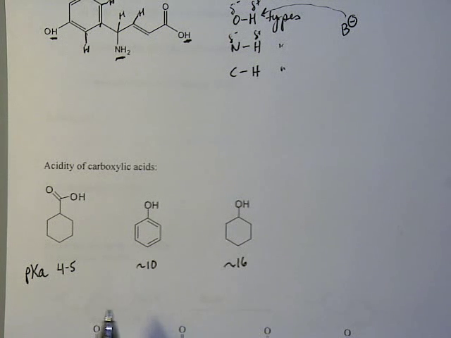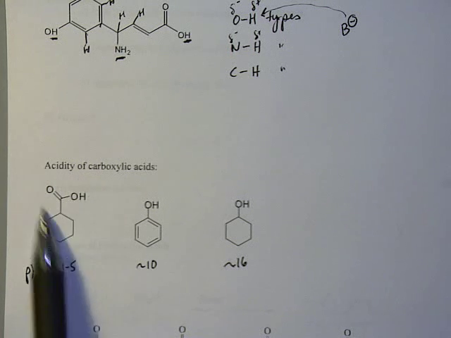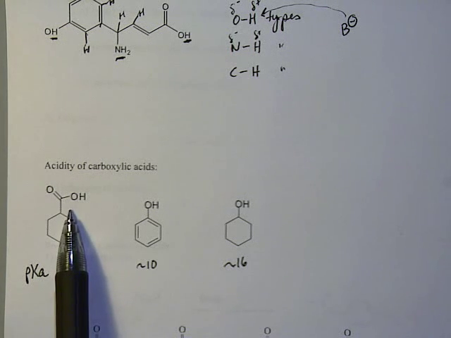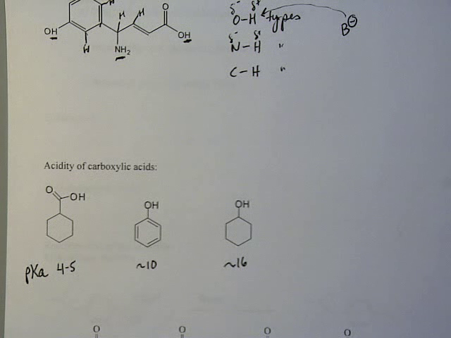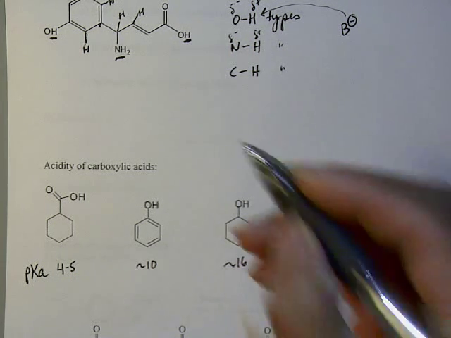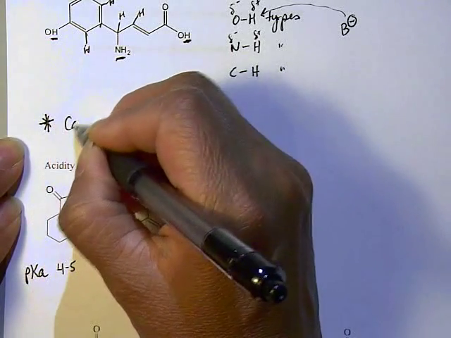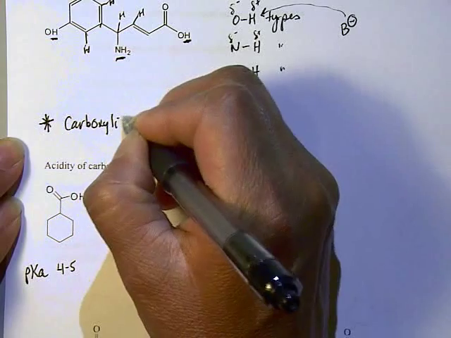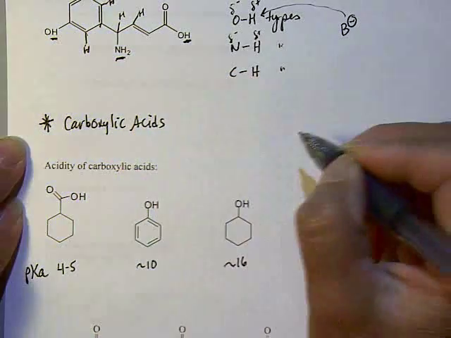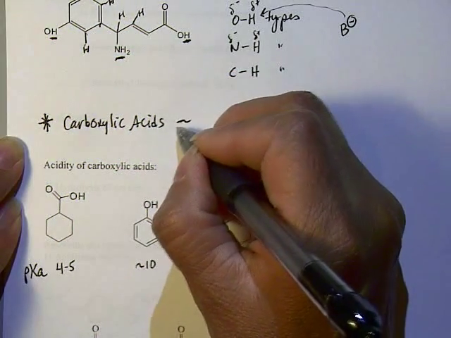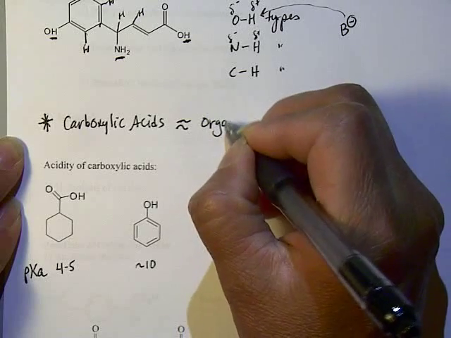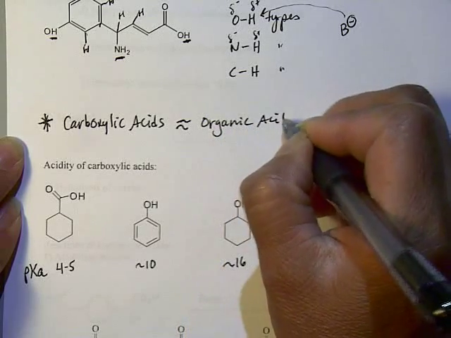If you look at the carboxylic acid functional group in general compared to all the other organic functional groups, they have the lowest pKa. So this is an important thing to remember, that carboxylic acids in general, we could consider them as organic acids.